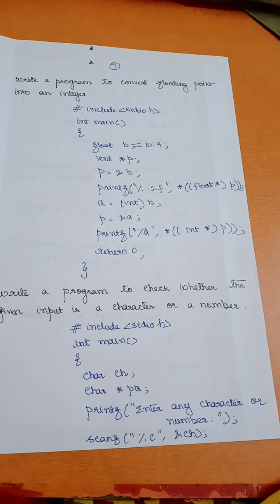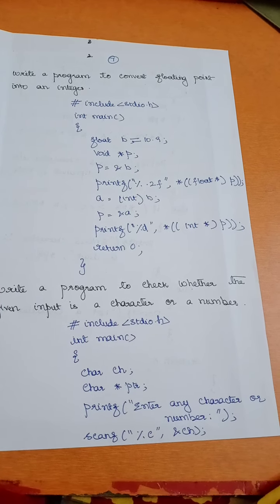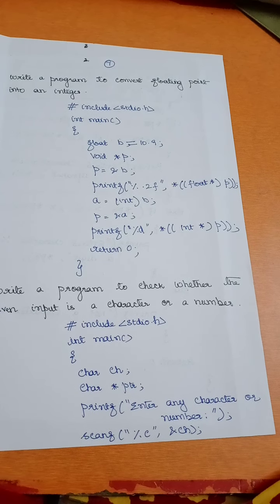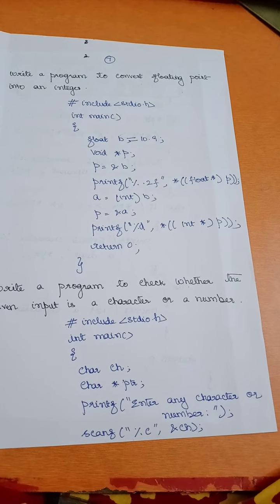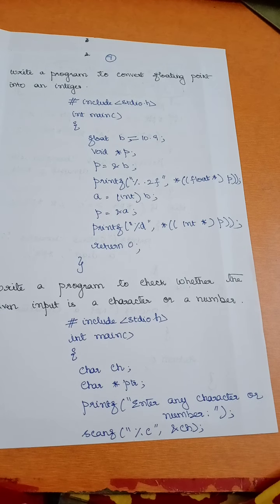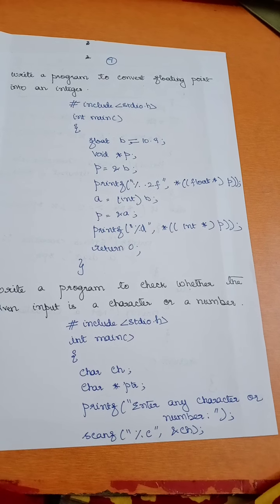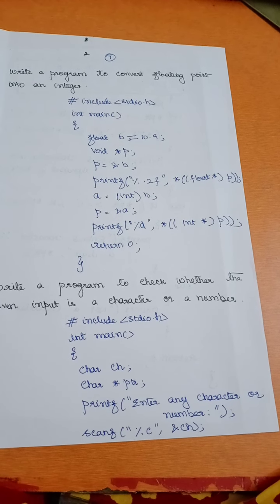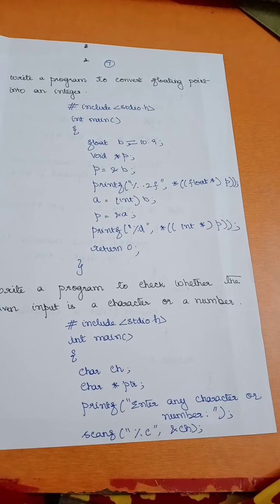So here I have taken float b equal to 10.9. So I have float b is going to be of type float. Now void star p, right? So here p is going to be the pointer variable of type void.